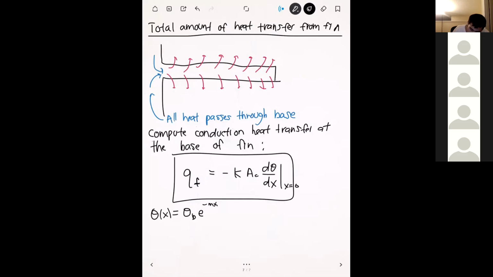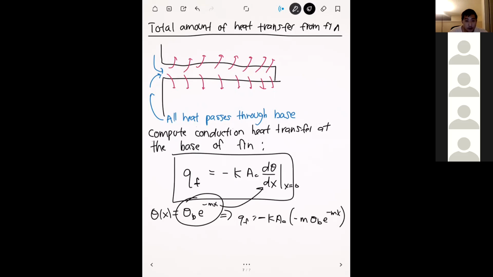If we take the derivative of this and plug it into this formula, we can say that qf is equal to minus k AC times minus m theta b e to the minus mx. All I did was plug this formula into here. So I took its derivative, and by taking the derivative, we get a minus m out in front.